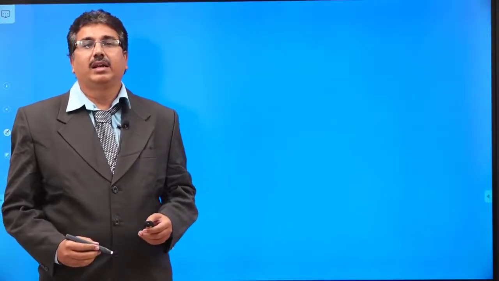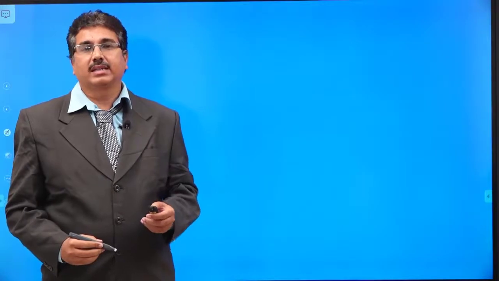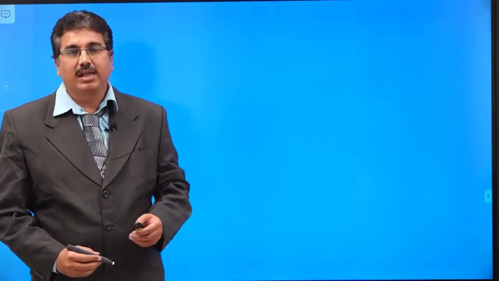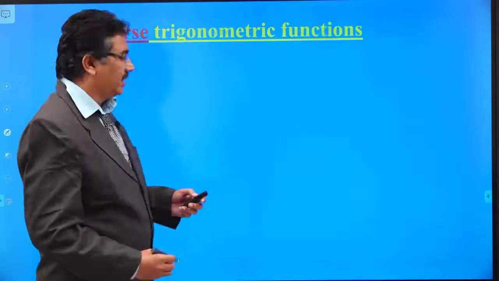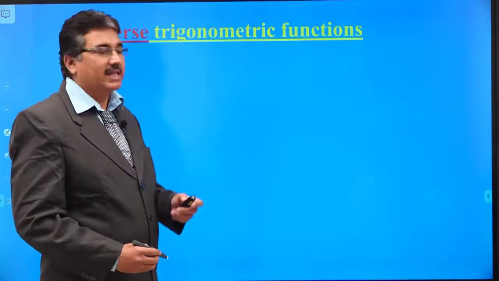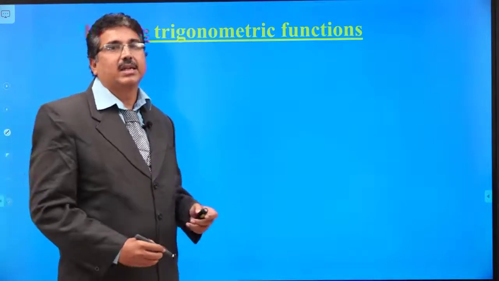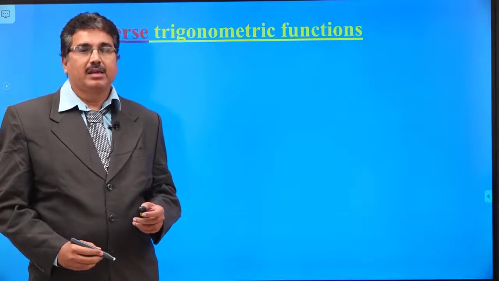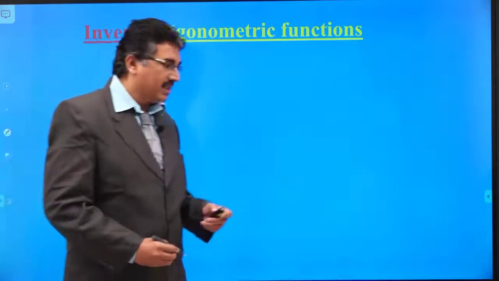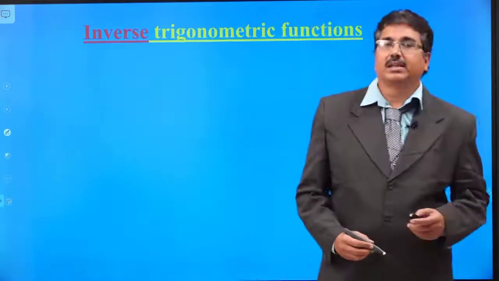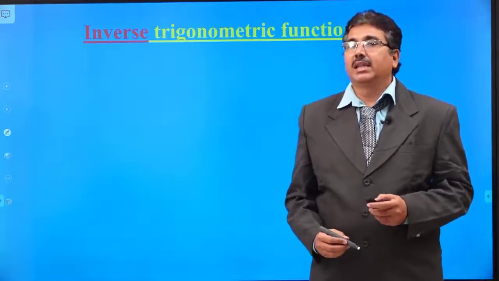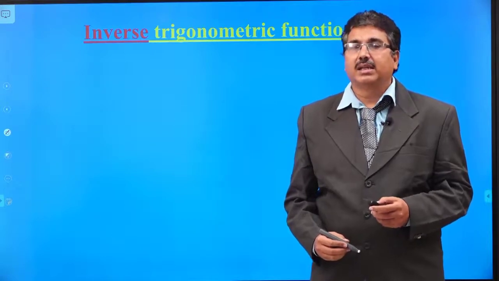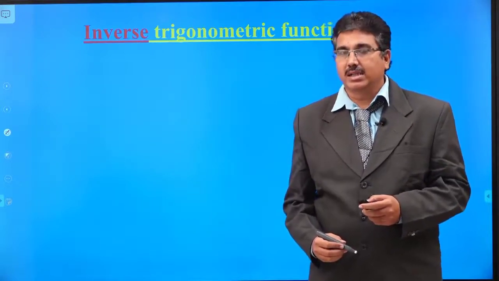Hi everyone. Today we are going to discuss one of the important topics of trigonometry, that is inverse trigonometric functions. In this chapter we will discuss what is the inverse of a function, which type of functions have inverse, and verify whether the trigonometric functions are bijective or not.